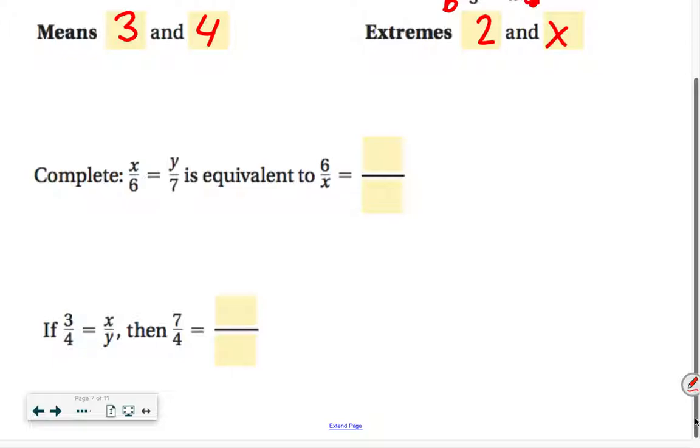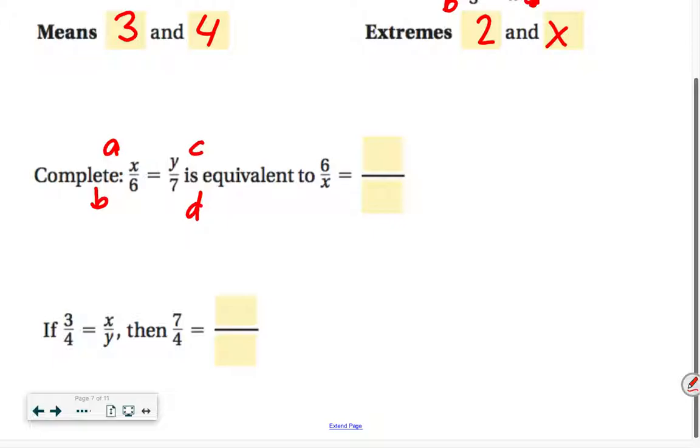I always like writing the A, B, C, D because I think it's helpful to visually look at, because sometimes I get lost in numbers. So if you look here, I have X over 6. Here I have 6 over X. What did I do with that first fraction? Flipped it.